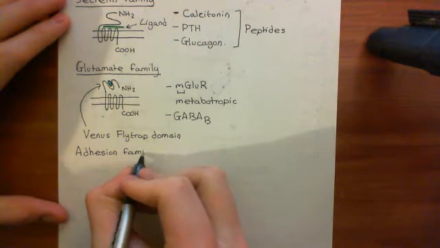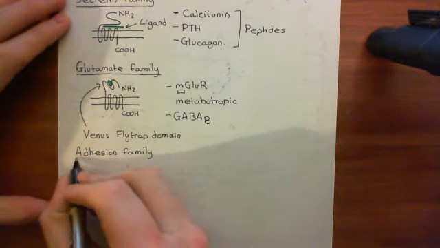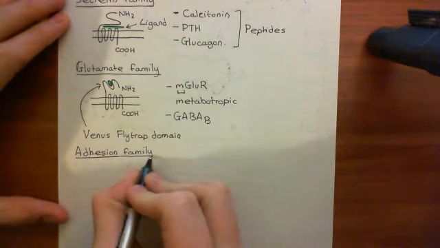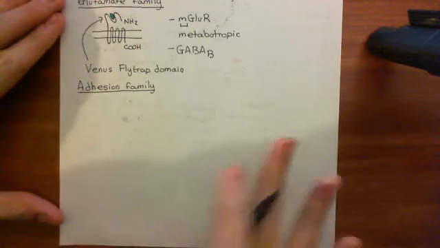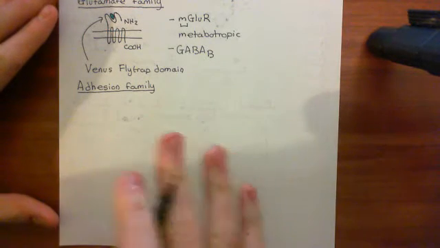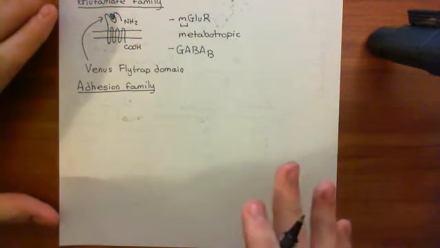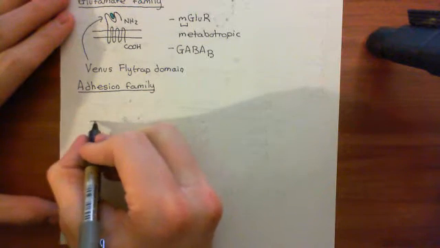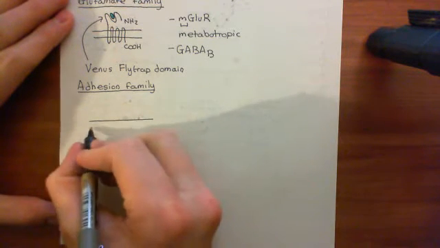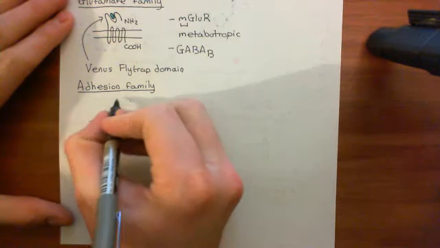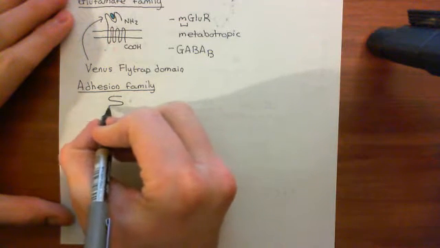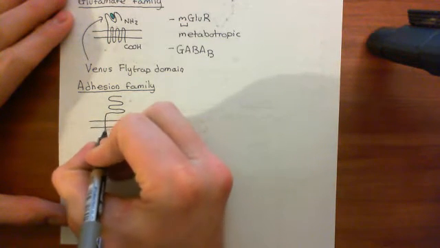So these are kind of boring. Unless you're actually a researcher in these G protein coupled receptors, these are generally the ones that no one knows anything about. So basically they bind to components of the extracellular matrix, and they have very large amino terminal domains, like so.